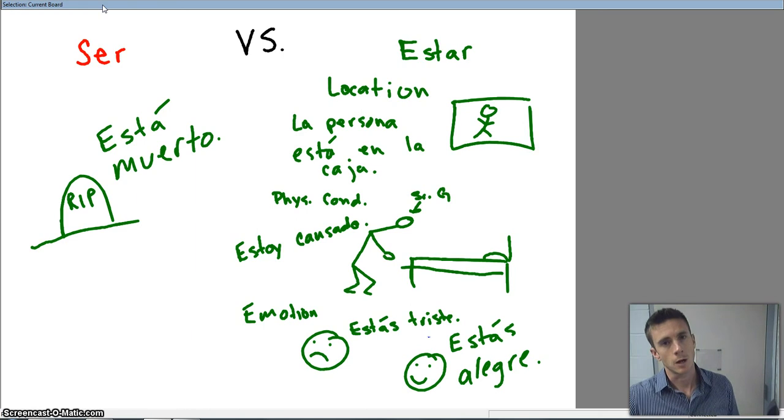So at the moment that you die, your condition changes, and now you are dead. Okay? So don't think temporary and permanent, think defining and descriptive. It's a bit better way. Ser describes things that can't change without a lot of help and time, whereas estar describes things that are at the moment.